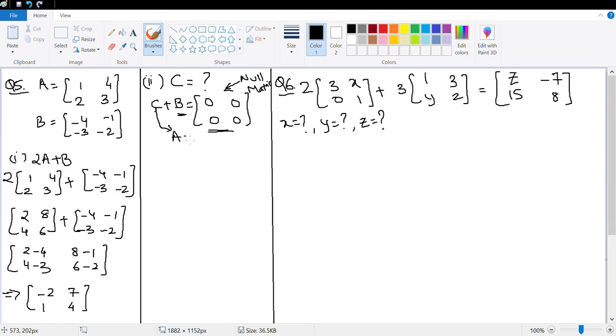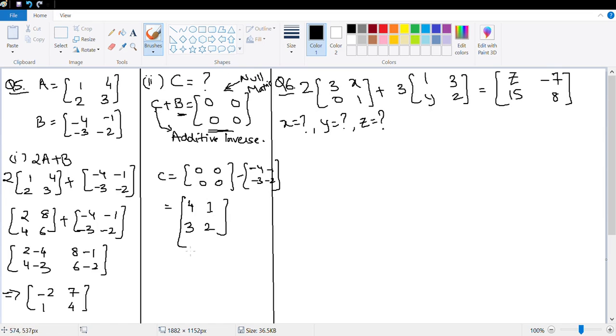Yes, this is basically the additive inverse, which you can write as C is equal to [0, 0, 0, 0] minus B, which in this case is -4, -3, -1 and -2, which will be 0 minus -4, that's 4, 0 minus -1, 1, this will be 3, this will be 2. You don't even need to calculate this.